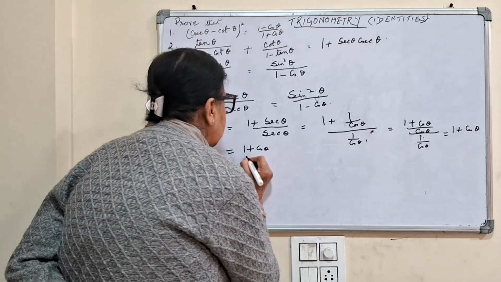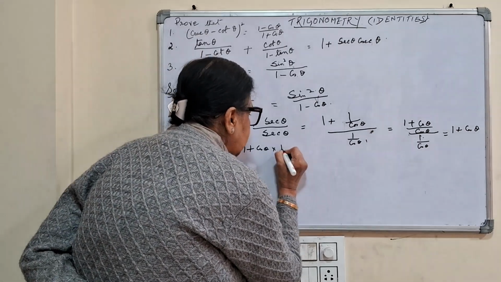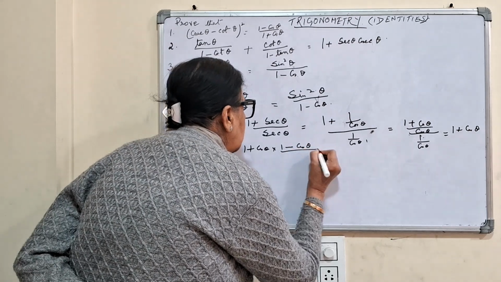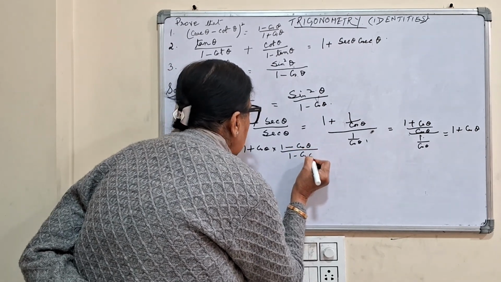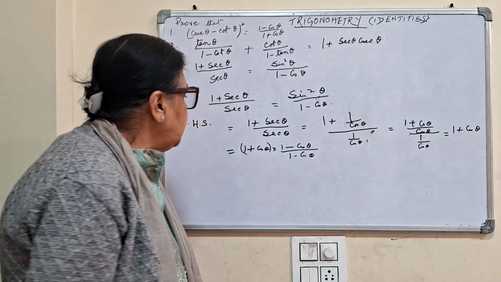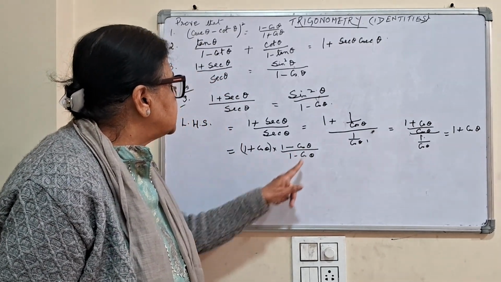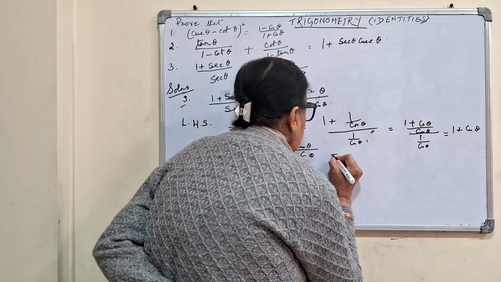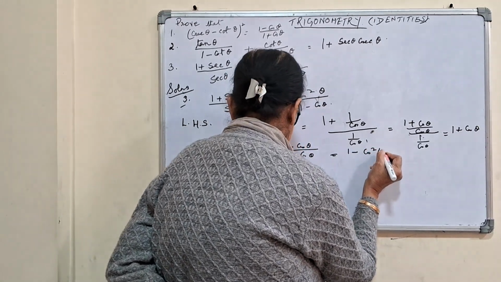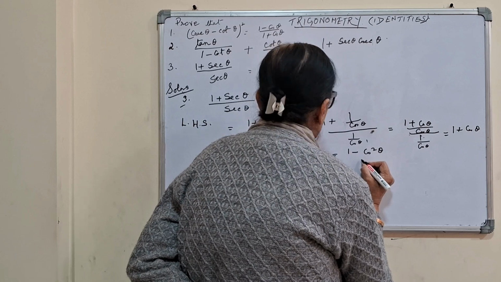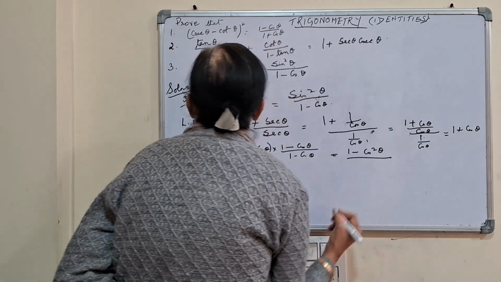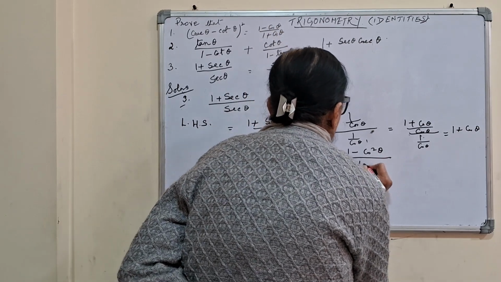I multiply up and down by 1 minus cos theta upon 1 minus cos theta. The whole thing I multiply. Okay. So a plus b into a minus b is equal to a square minus b square, 1 minus cos square theta, divided by 1 minus cos theta.